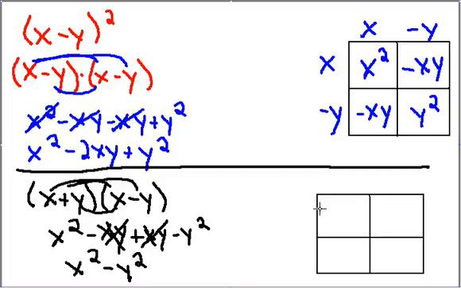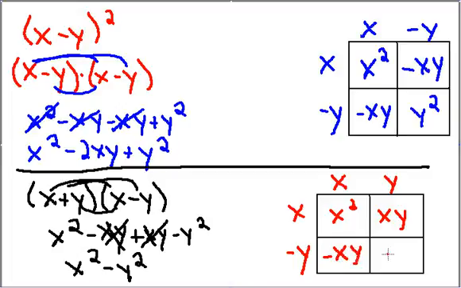And once again, to illustrate this with our rectangle, we're going to depict this as x plus y going along the top, and then x minus y, or plus a minus y, going along the bottom. Let's multiply. X times x is x squared. X times y is xy. Minus y times x is minus xy.